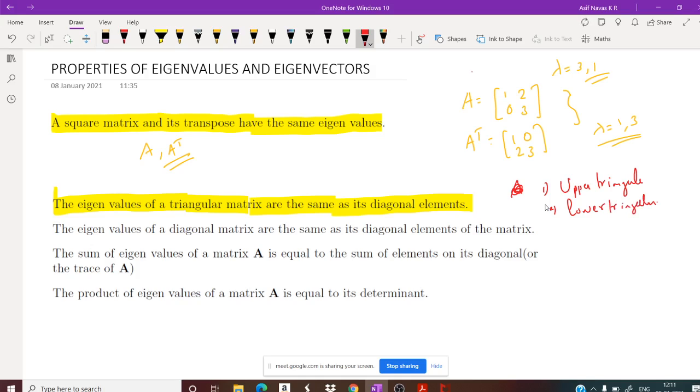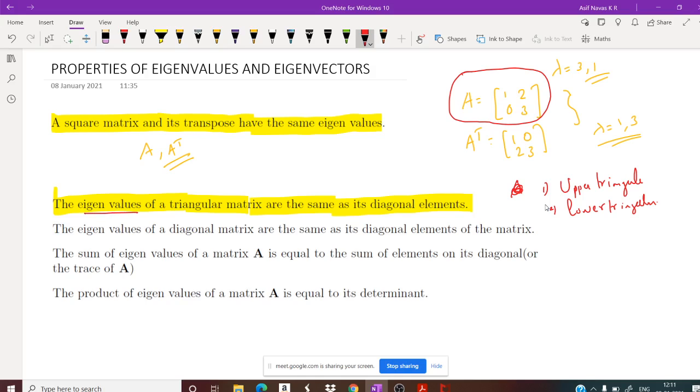Now tell me, what type of triangular matrix is this? It is upper triangular, since the element below the diagonal is 0. Now what are the eigenvalues?